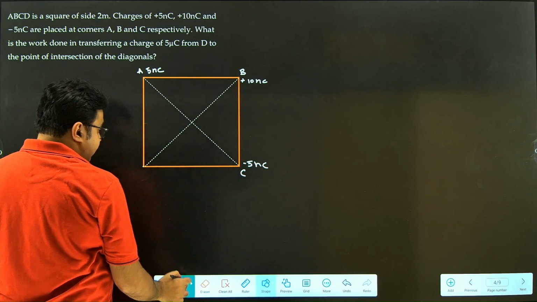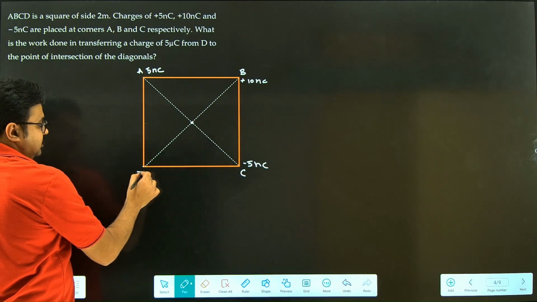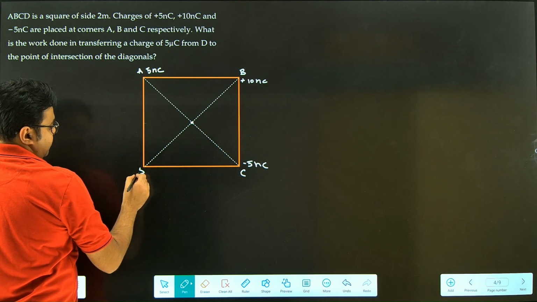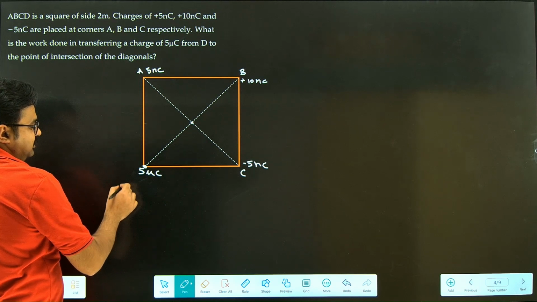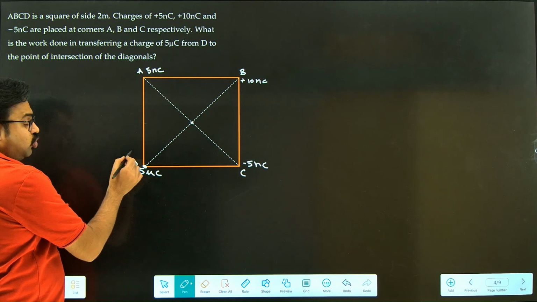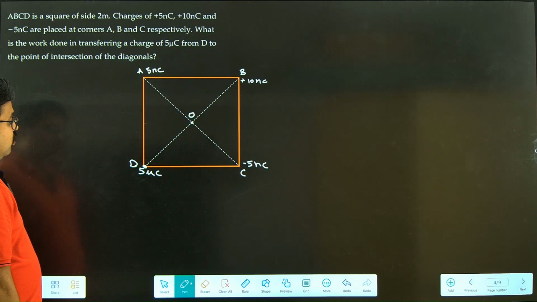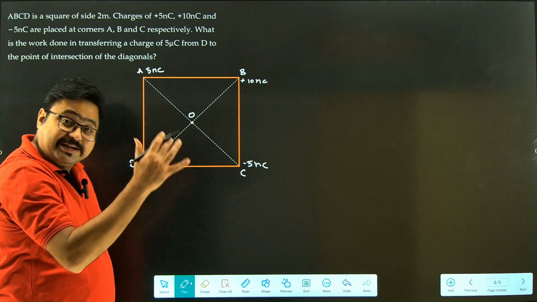The diagonals intersect at this point and you have to bring a minus 5 microcoulomb charge from this place, which is corner D, to the center of the square, which is O. So we need to find the work done in moving this charge from D to O.